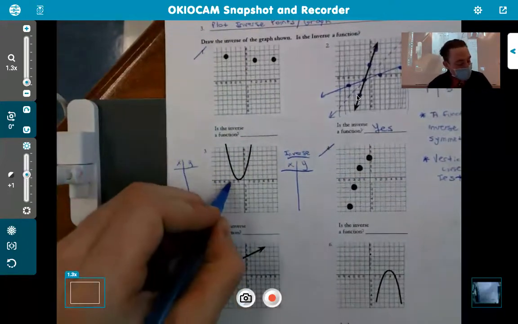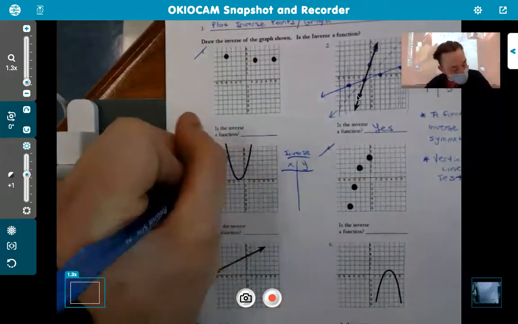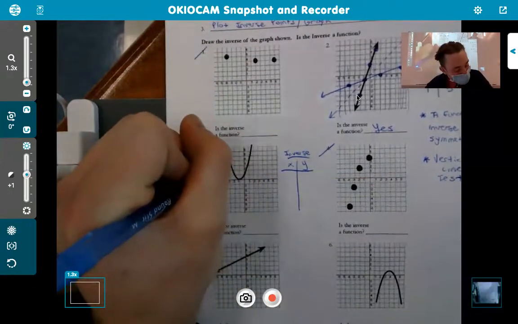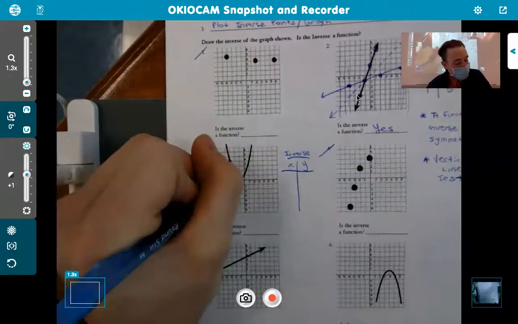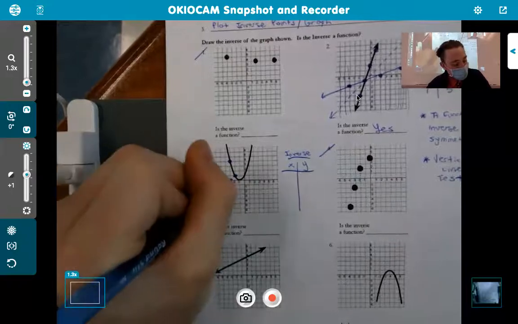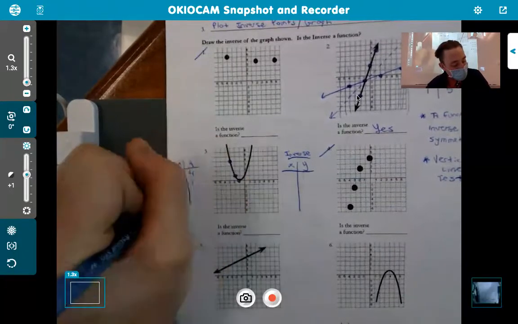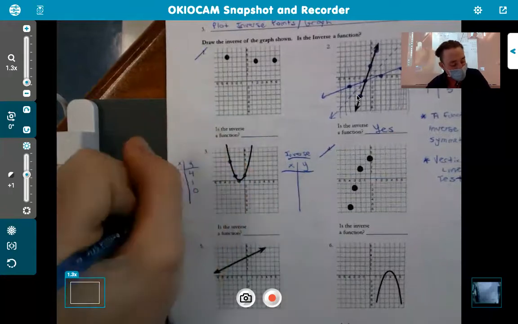If I'm looking at this, at -3, I'm up around +4. So -3, 4. -2 looks like I'm at 1. At -1, I'm at 0. 0, I'm up at around 1.